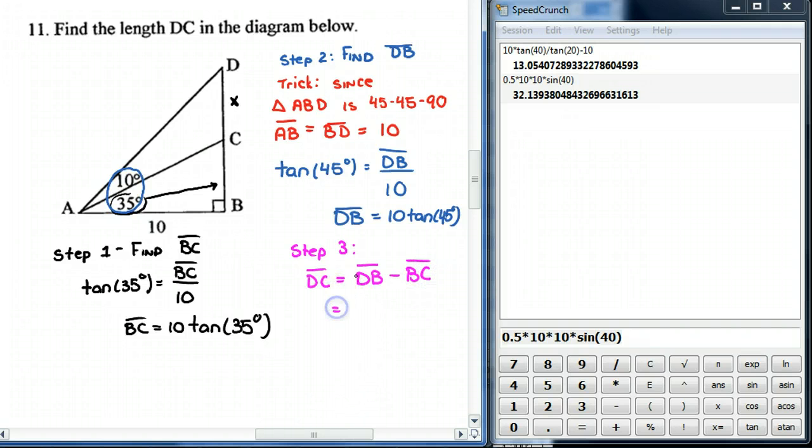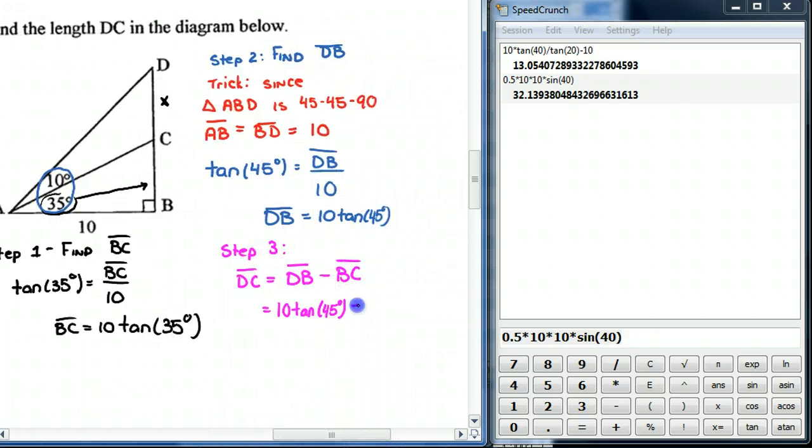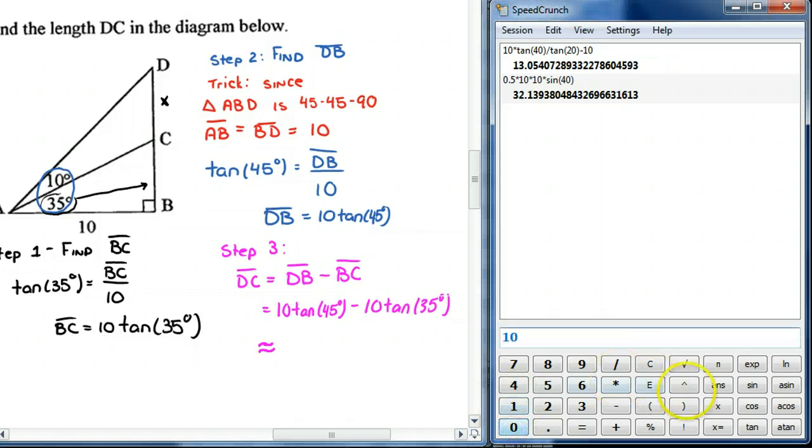So therefore DC is equal to DB, which is 10 tan 45 degrees, minus BC, which is 10 tan 35 degrees. And now I'm going to type this in my calculator in one step. So I'm going to get an approximate value here. So I have 10 tan 45 degrees minus 10 tan 35 degrees.